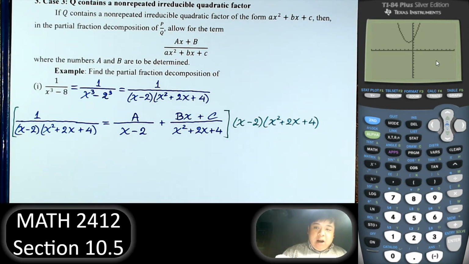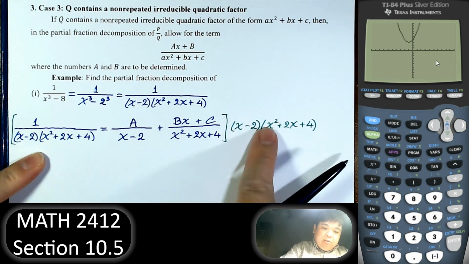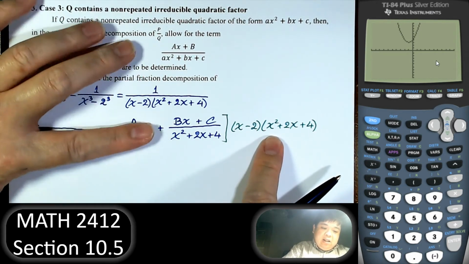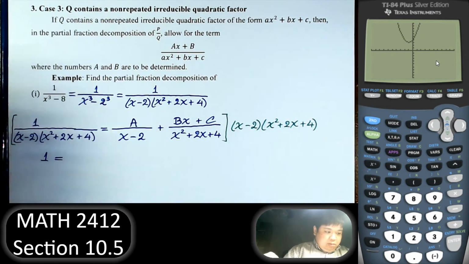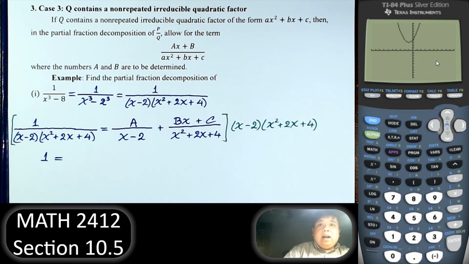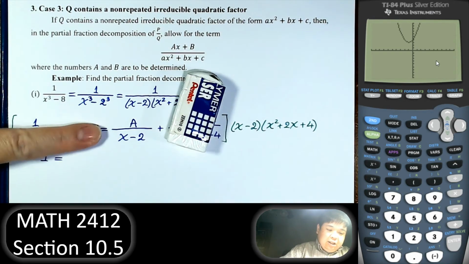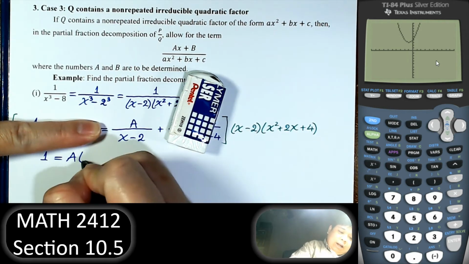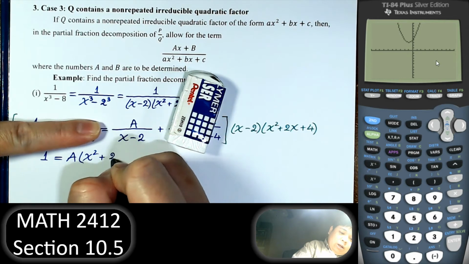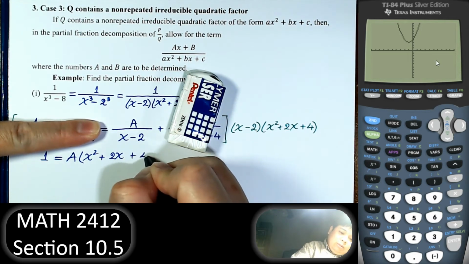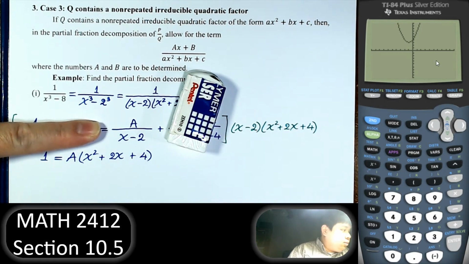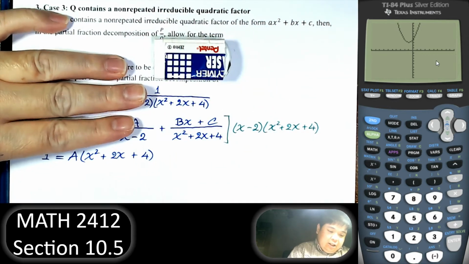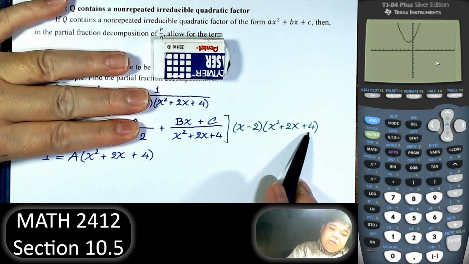Right. Now multiply it out. That cancels out. We have 1 on the left. A times that, x minus 2 cancels out, we have A times x squared plus 2x plus 4. And now for that, x squared plus 2x plus 4 cancels out.